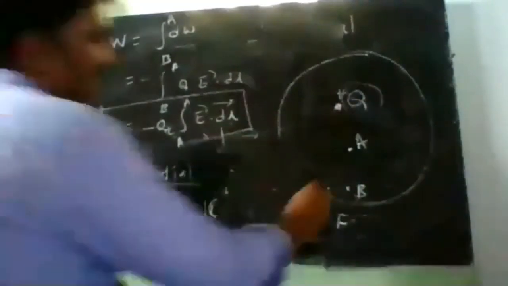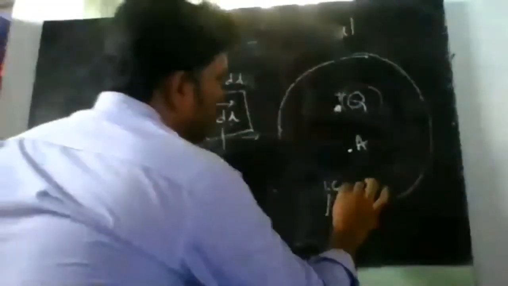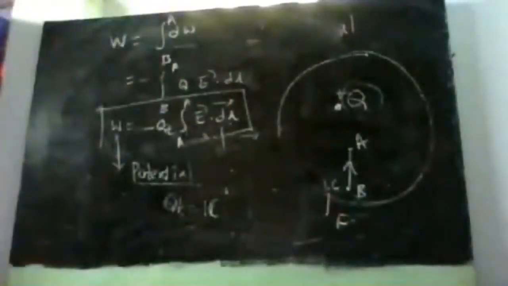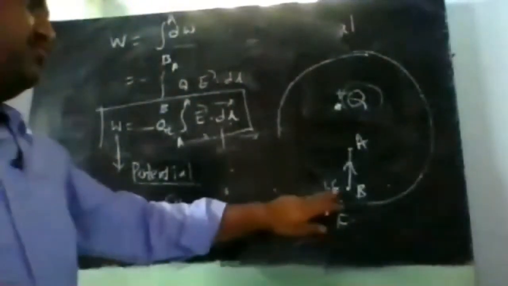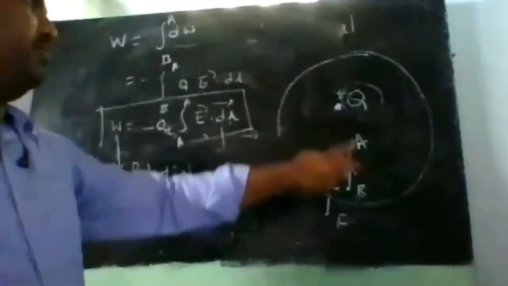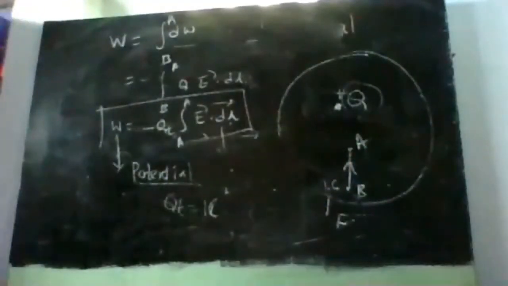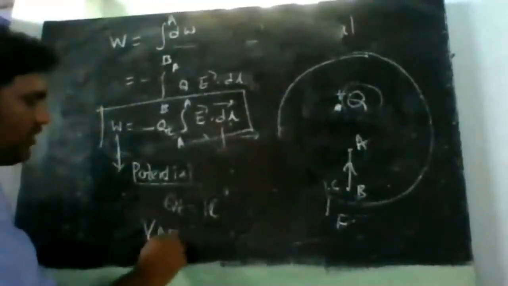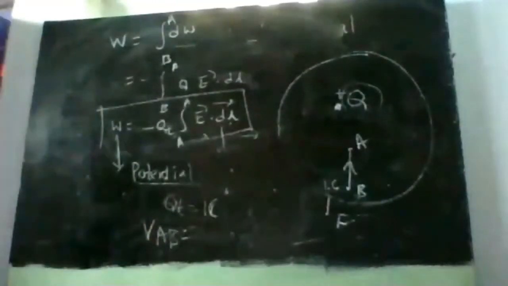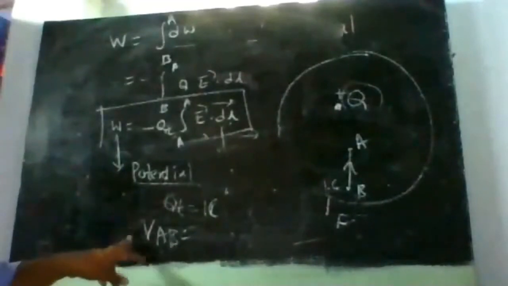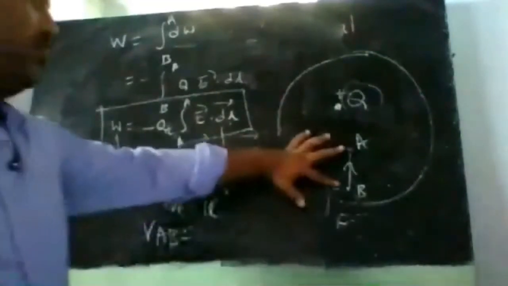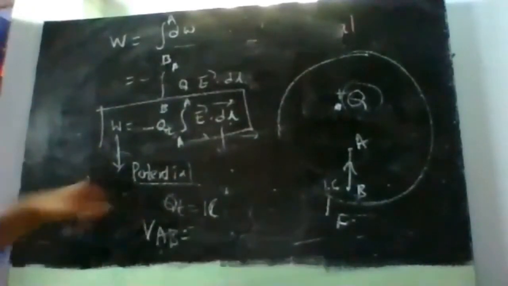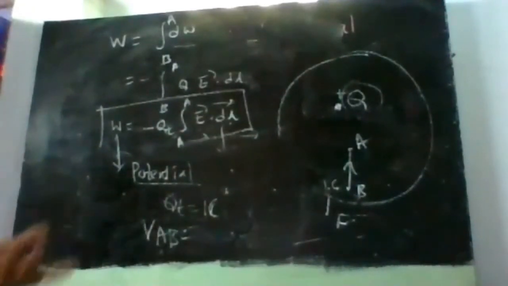If I take a 1 coulomb charge and move it from B to A, then the amount of work that I spend to move this 1 coulomb of charge from point B to point A is called the potential difference between the 2 points A and B. So what does potential mean?